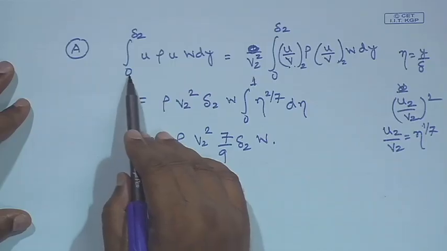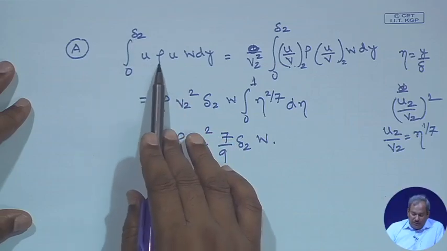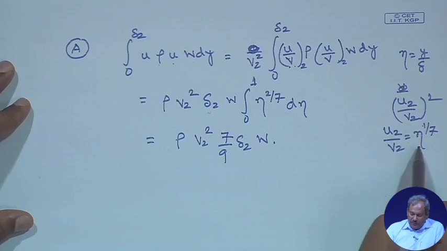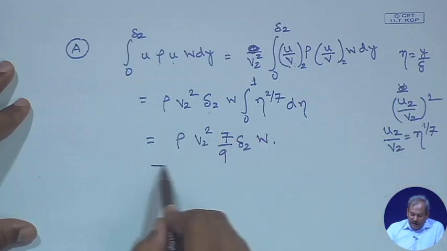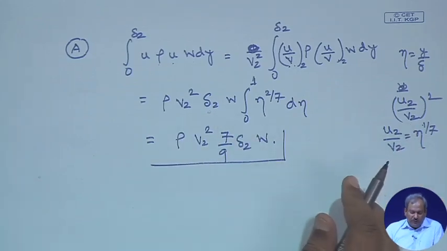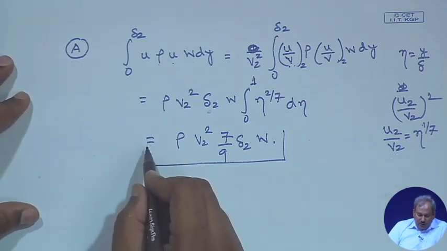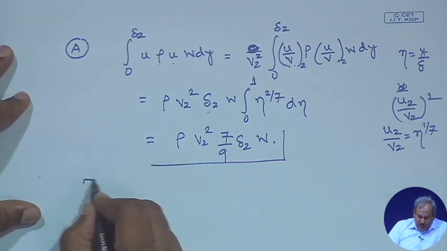So, since it is not a constant velocity, in order to obtain the flow rate out of the region A, I need to integrate. So, what I have done is in A I have integrated from 0 to delta 2 of rho u squared dy, and then by substituting the 1/7 power law in here, I calculate the expression for the momentum flow out of the system of A.